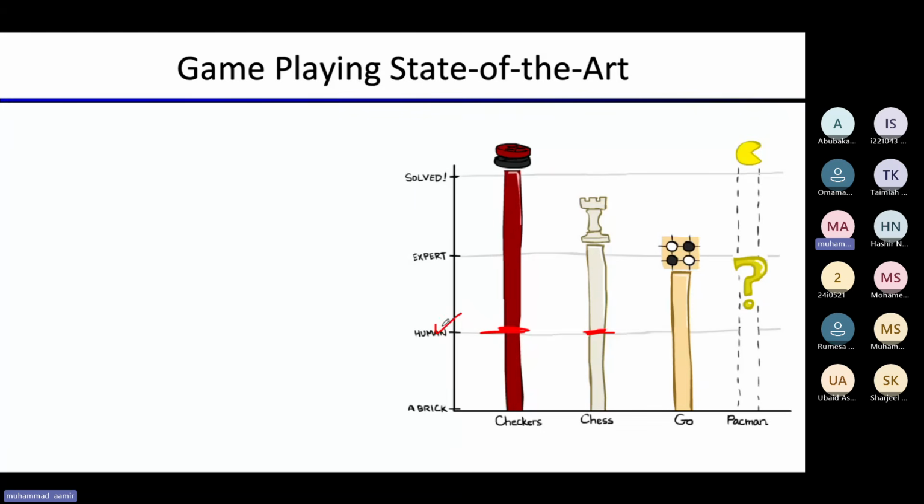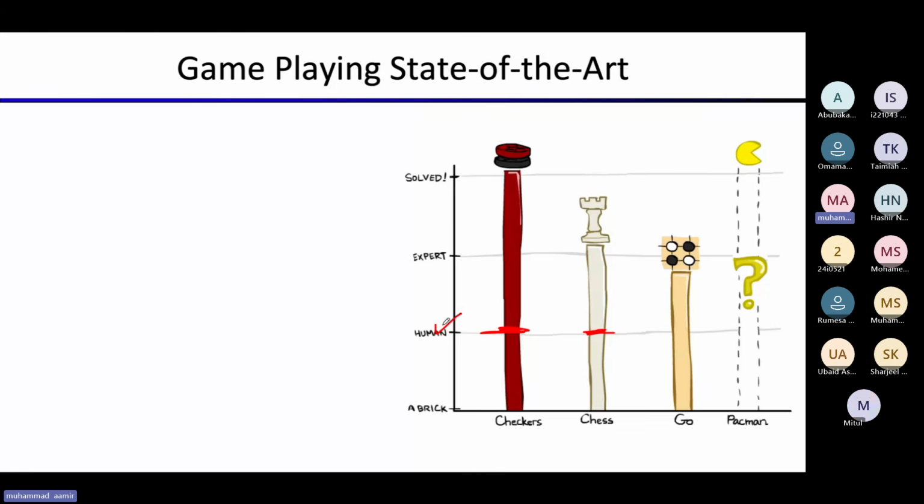Human level means a human will try to get the optimal move, the best move, but there are error chances at the human level. In any move of chess, a human can take a bad move, right? Or maybe the human is trying to get a chance, and for that chance the human can take some risk. So this is called the human level.